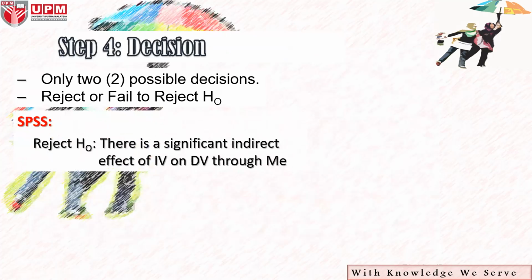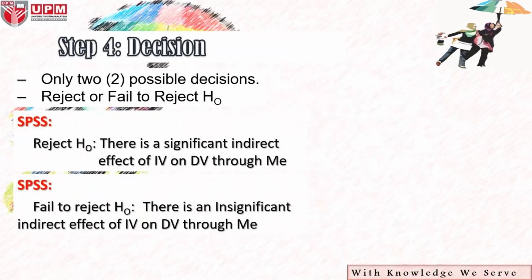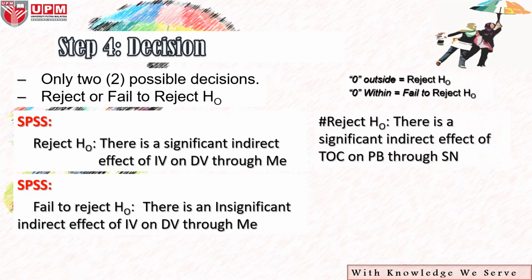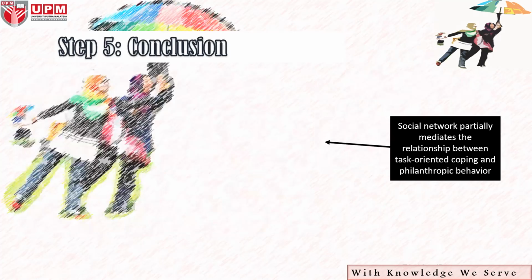So since in this case zero is located outside the range, we reject the null hypothesis. It indicates a significant indirect effect of the IV on the DV through the mediator. This is our finding. We reject the null hypothesis. There is a significant indirect effect of task-oriented coping on philanthropic behavior through social network.